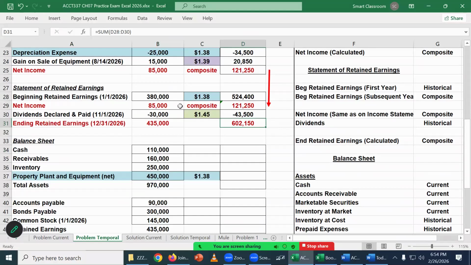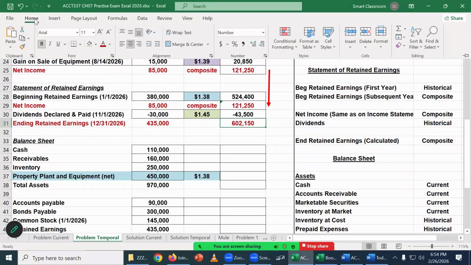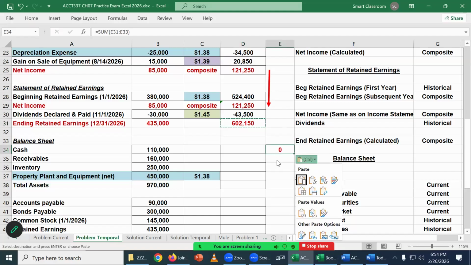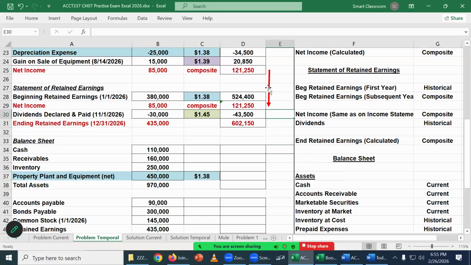And this ending retained earnings, we'll just bring that down. I think I did something wrong. So I'm just going to put this down here.